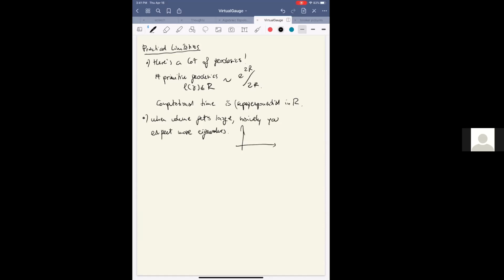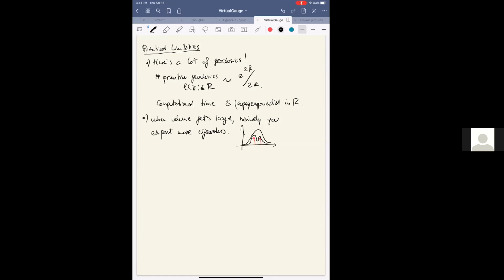If you have a bunch of eigenvalues which are pretty close, you won't be able to see them very well unless you compute a lot of geodesics, and that takes a lot of time. So having a big volume is a problem from our perspective, because you need to compute many more closed geodesics, and that is super exponential in time.